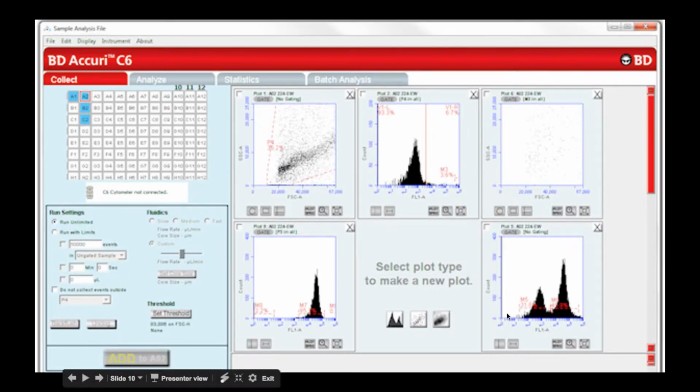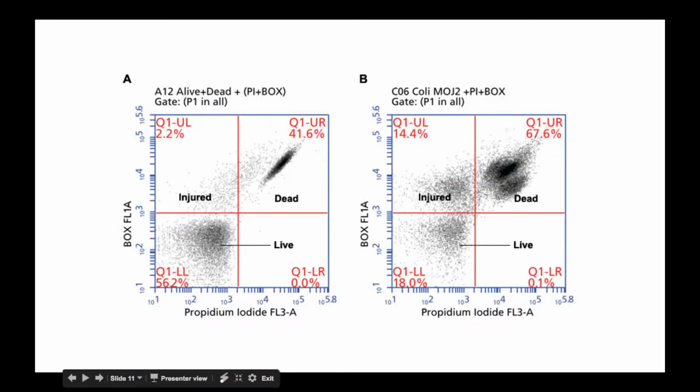The peaks are pretty uniform and well spread out to say, okay, this is just a vial of liquid with a certain amount of red beads in it that will fluoresce red when agitated by a laser to calibrate your system.